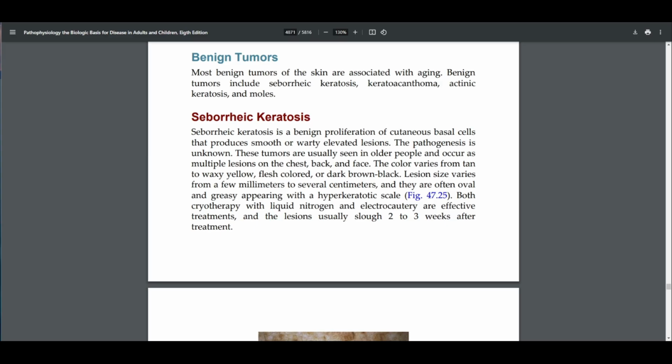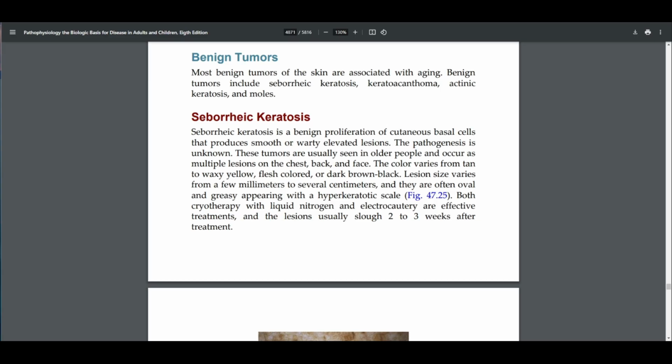The pathogenesis is unknown. These tumors are usually seen in older people and occur as multiple lesions on the chest, back, and face. The color varies from tan to waxy yellow, flesh-colored, or dark brown lesions.